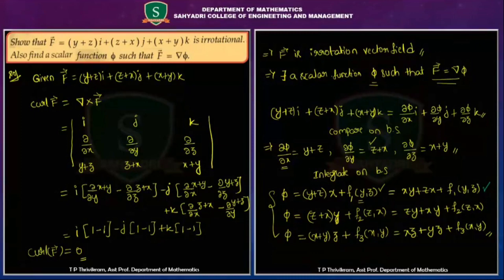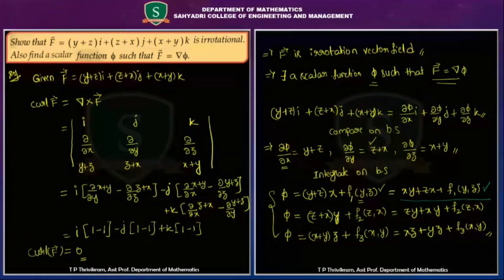To find the function of yz, it is not available in this equation, so I have to search for it in the remaining two equations. Why? Because these three phi's are the same, not different ones. Phi has three different equations we got. So if you are not getting the function of yz in the first equation, you can search for the yz function in the second and third equations.